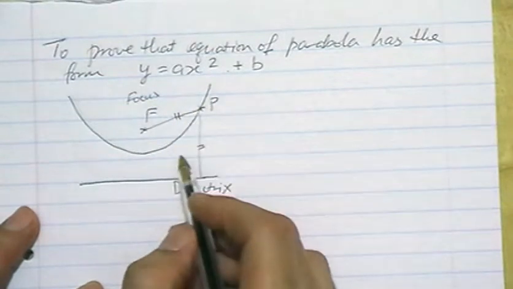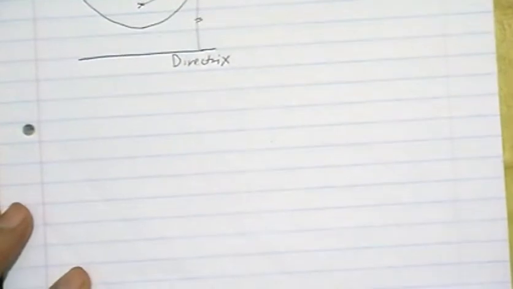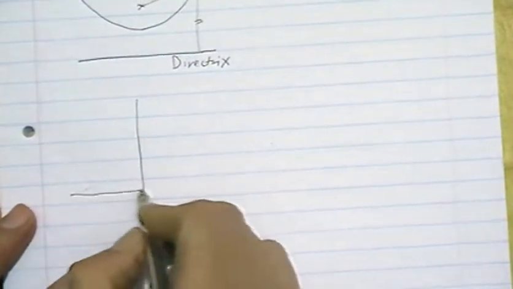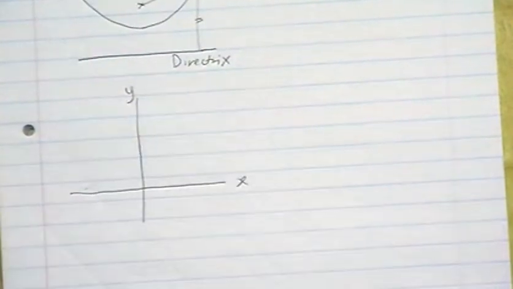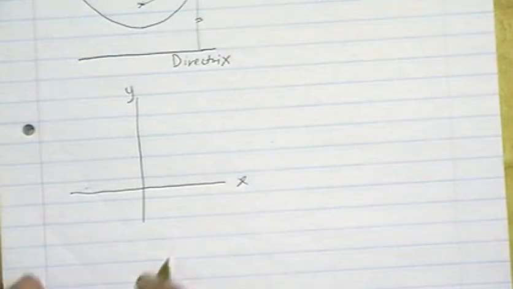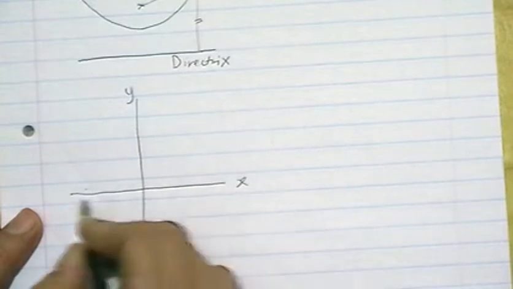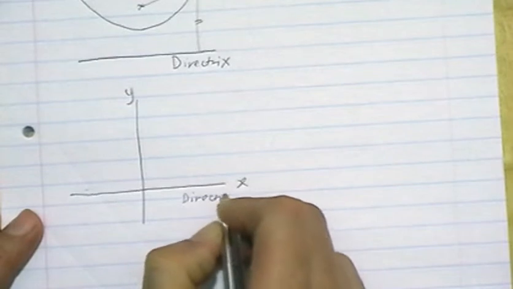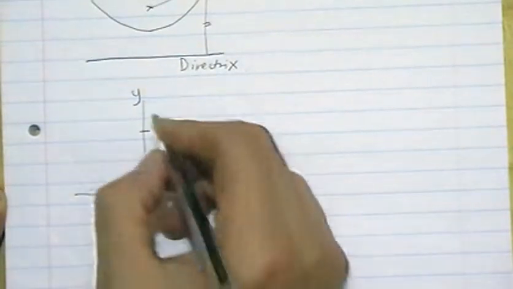let's put in some coordinates. Let's say that's the x and the y coordinates. Now suppose that the x-axis here is the directrix. Then suppose that the focus is somewhere there.